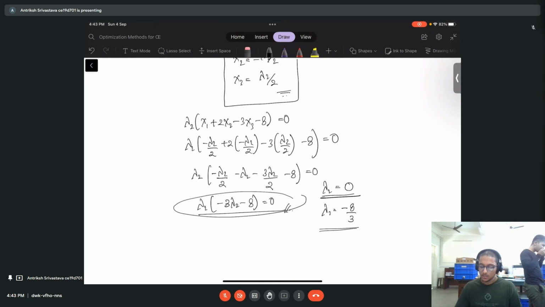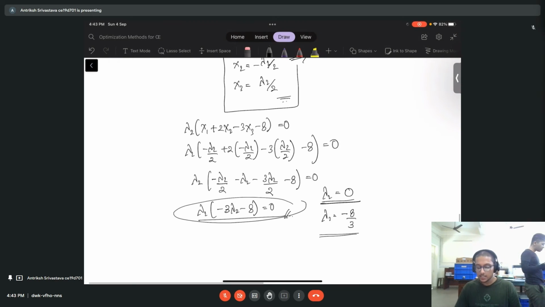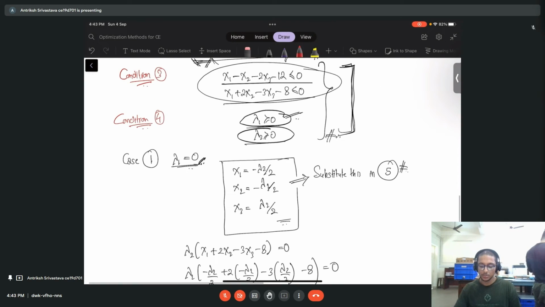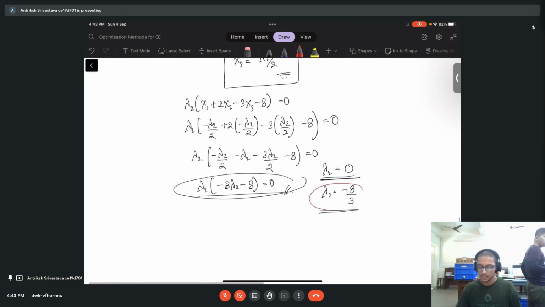Correct, sir. But here's the thing: when we wrote our conditions, we wrote an important point, that all lambdas will be greater than 0, and this particular thing doesn't satisfy. Only one of these two values satisfy. So we will ignore this and we will calculate the value of x1, x2, x3 from lambda 2 equal to 0.